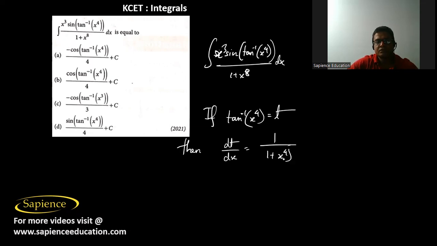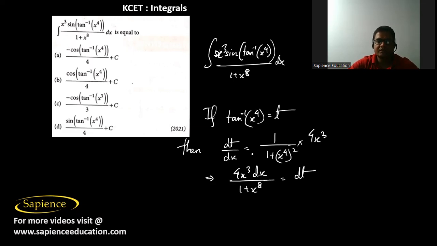Suppose if we take tan inverse x power 4 as t, then dt by dx will be equal to 1 by 1 plus x power 4 whole square into d by dx of x power 4, which is 4x cube. So therefore 4x cube dx by 1 plus x power 8 is equal to dt.